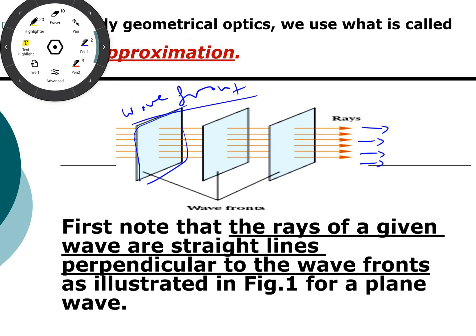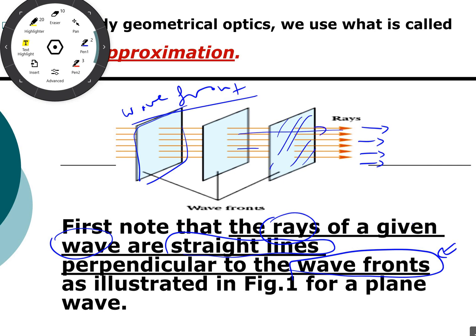So the definition of the wave front: the rays of a given wave are straight lines perpendicular to the wave front. So the wave front is always the plane which is perpendicular to the direction of the light propagation.